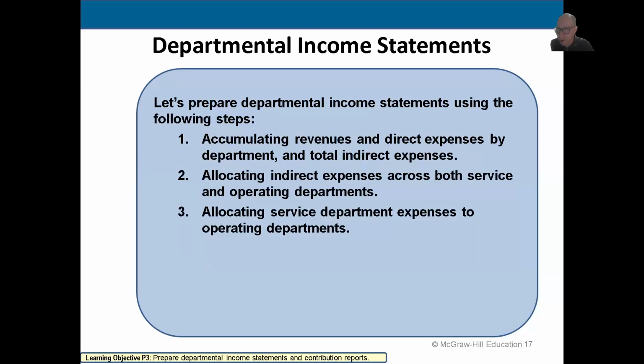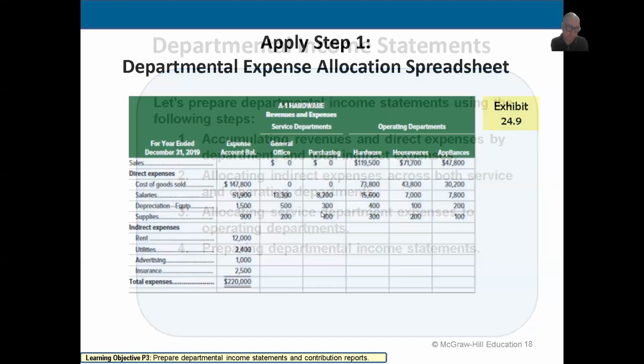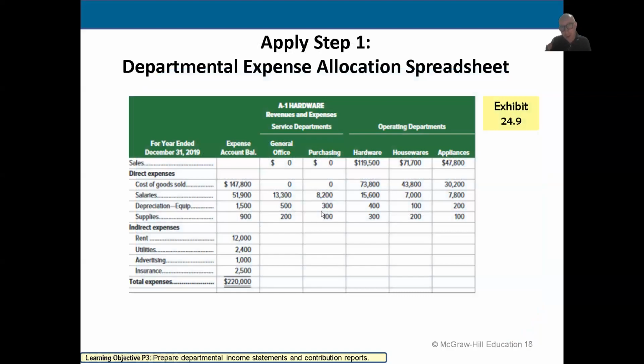That's the whole thing of allocating that we talked about earlier with that jewelry store example. And then we prepare the income statement for each department. Very straightforward. Of course, we would want to do that using a spreadsheet. Ideally, it should be done using some accounting software like QuickBooks or Sage 50 or Oracle or one of the many other ones.